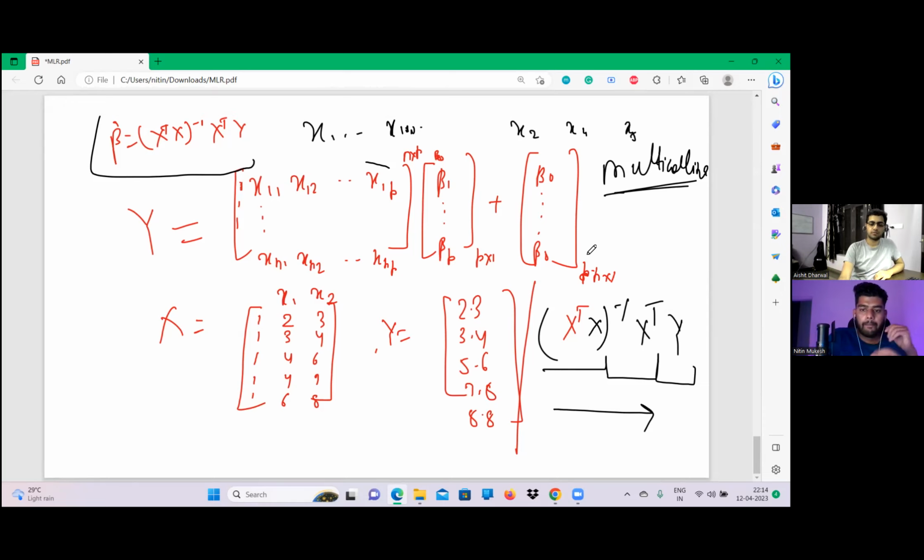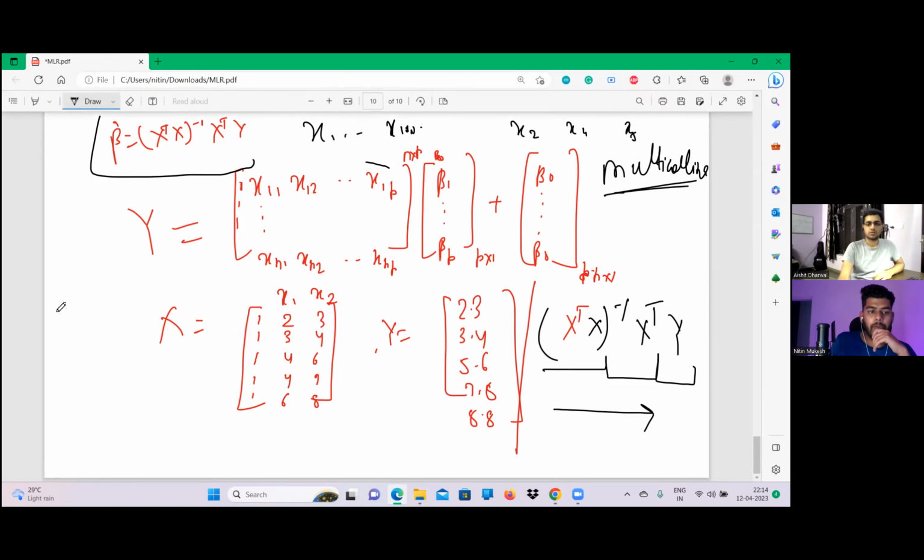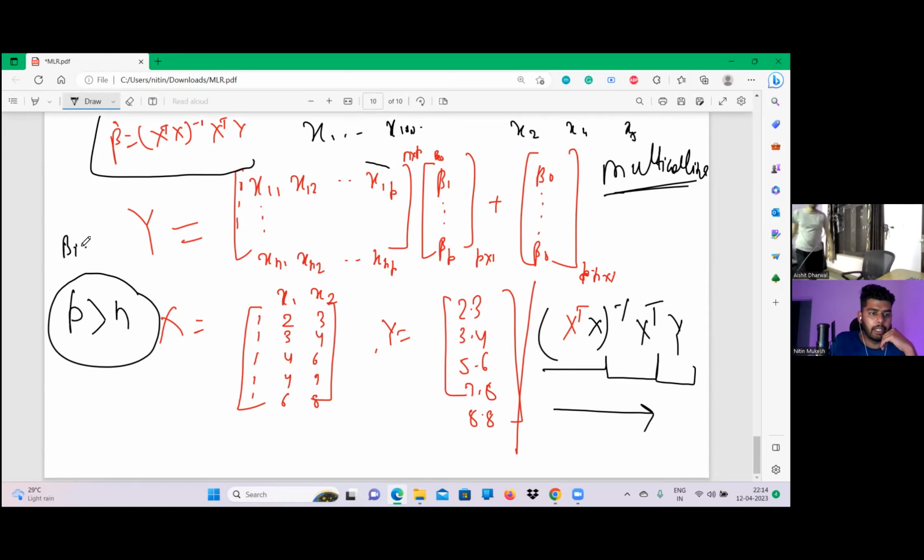Also, what happens if we have more features than the number of rows? If p is greater than n, that is entirely a separate thing, because this is a case of big data. In big data analysis, we learn how to deal with data like this. That is an entirely different thing, and there are different methods for that.